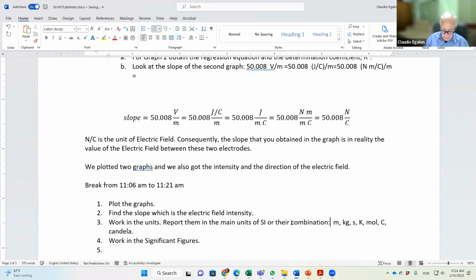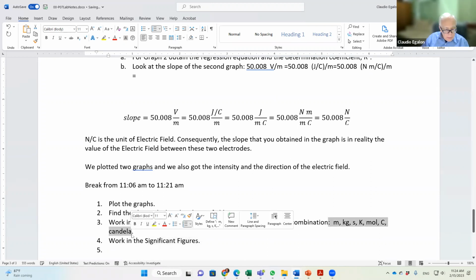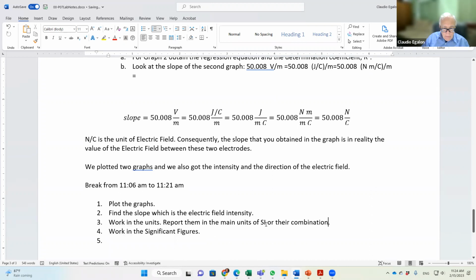Okay. Let's put it this way: main units of SI, comma, or their combination. Working the significant figures as well.